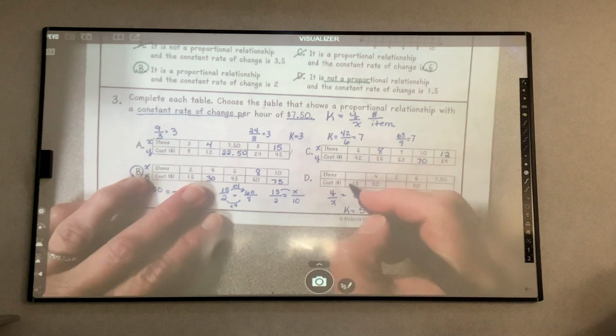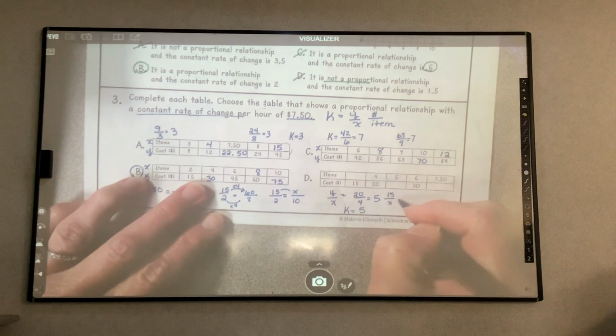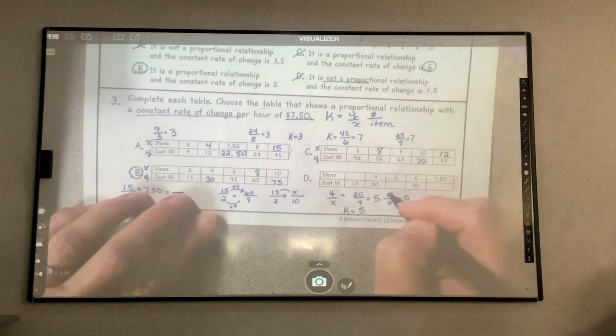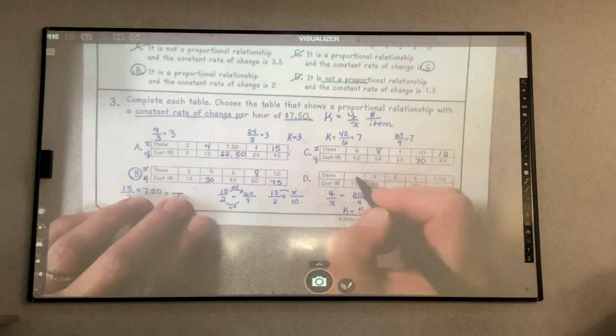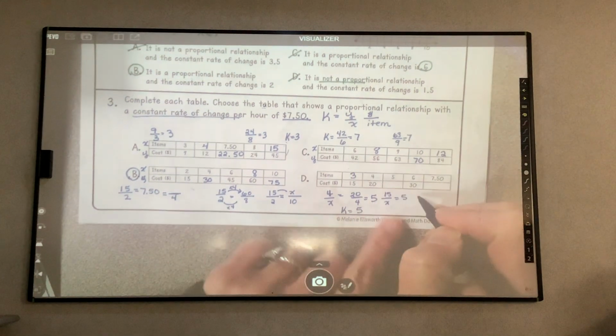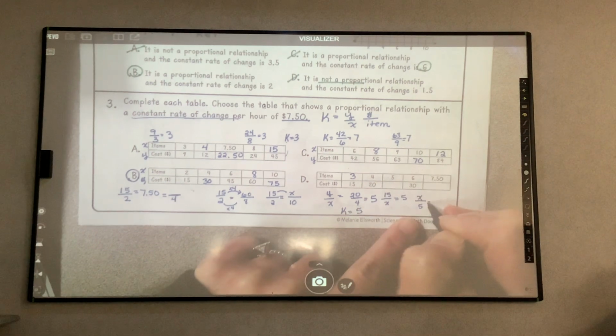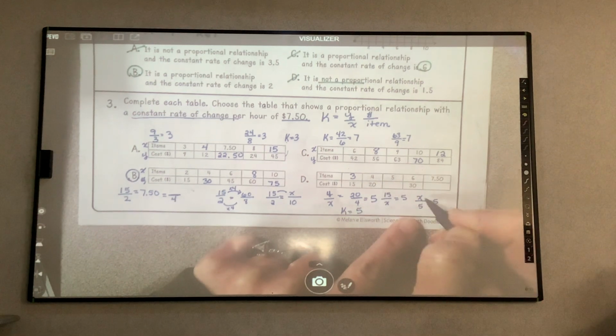So to do my first one, I'm going to put 15 over something equals 5. Well, 15 divided by what is 5? 3. Then this next one would be something over 5 equals 5. Well, what divided by 5 is 5? 25.